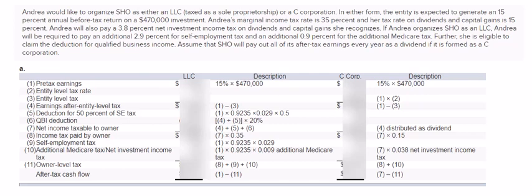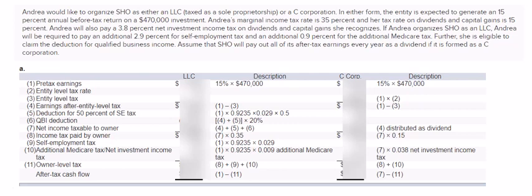Now, under a C Corp, we start off by taking 15% of $470,000 as our pre-tax earnings. We then need to multiply the pre-tax earnings by the entity level tax rate to come up with the entity level tax.